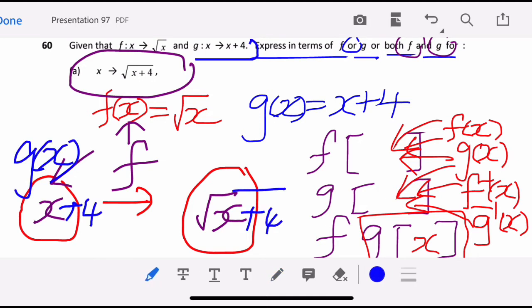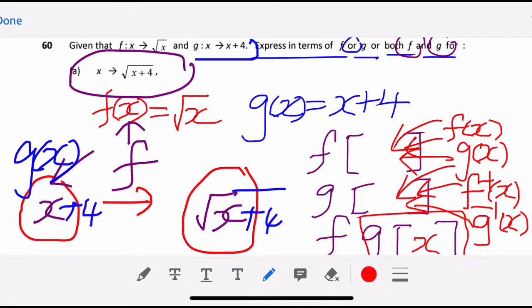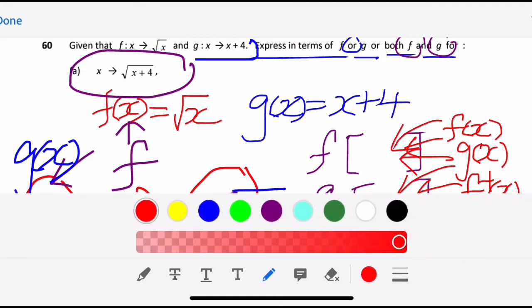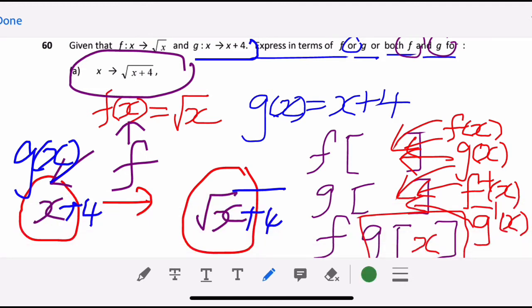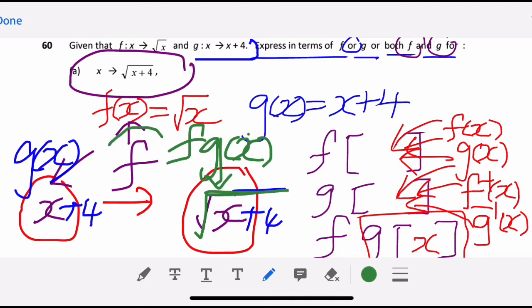And your question is giving you what? The question is giving you something which is actually a composite function, but they don't want to tell you what it is. They ask you, what is this composite function? So of course it will be f(g(x)). Remember, for a function we always write the function, then the object.